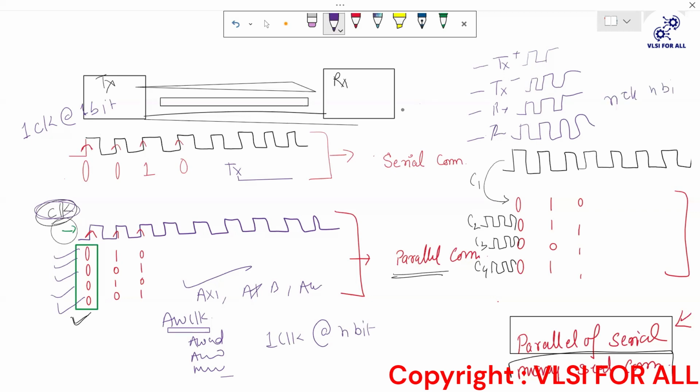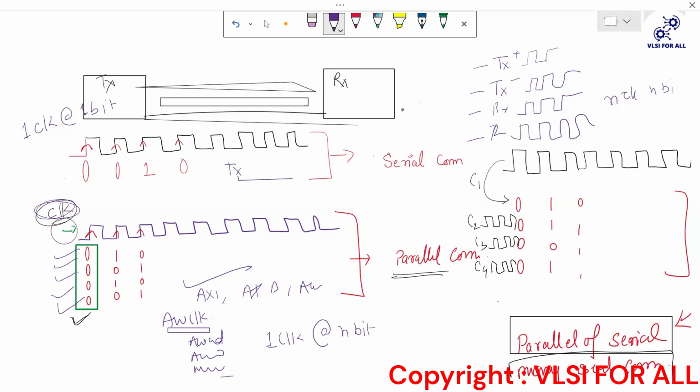So if I go to the ABCD options, what was my intention? To tell you this only. You got my point, guys? So this is the third category which might confuse you. As she mentioned, sir, here TX plus 1, 2, 3, 4 are there, so does it lead to a parallel communication?